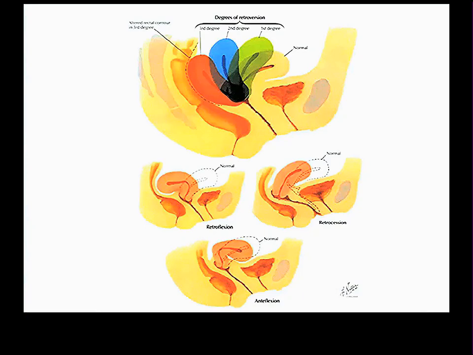So in this case, the normal is this dotted line here, because there usually is, I don't know what, 135 degrees or so. But if it's a 90-degree angle, that's markedly antiflexion. And if it's backwards, that's retroflexion. And here again, the normal angle between cervix and vagina is, I don't remember, close to 90 degrees. And you have various degrees of retroversion.